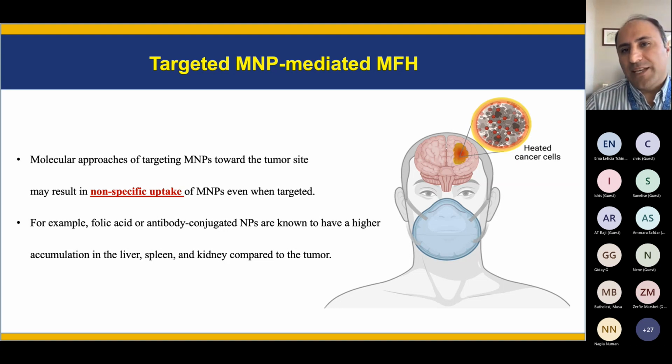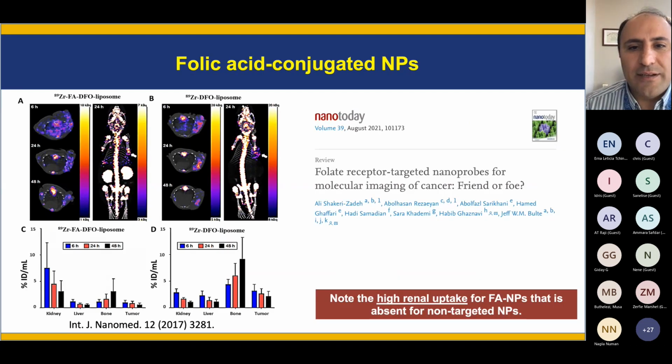So with this, we can do molecular targeting, but unfortunately, there are some negative reports on molecular targeting methods. Let's say folic acid is a very good moiety or ligand to target the nanoparticles to our cancer cells, and we did this review article and published it in Nano Today, and we address the challenges that folate targeting has.